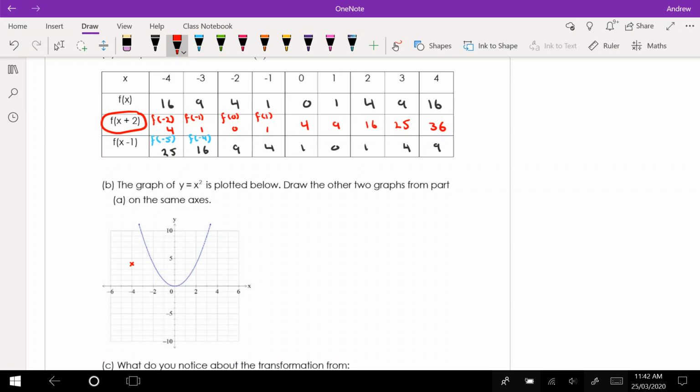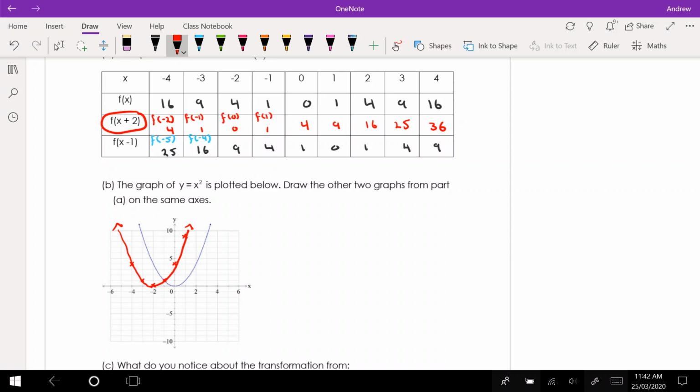That's what you need to be careful of, because then you'll just be plotting the exact same graph that's already there. When x is negative 3, we go to 1. So negative 3, 1, 2, 0, 1, 4. And then this should go up to 9. And then we can sketch from here, and it'll look something like that.